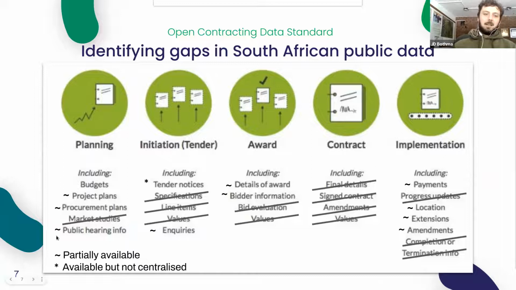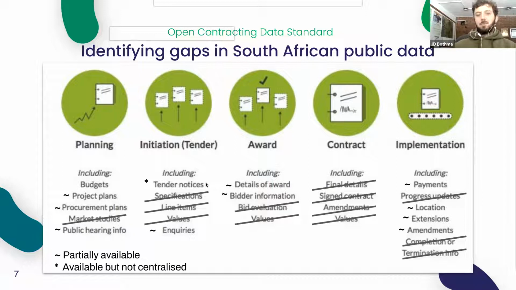Procurement plans, sorry, that's procurement plans. Project plans I haven't really seen much of, except for press statements. Public hearing information is also available somewhere, but market studies I've never come across. Maybe they publish the odd one, but not in a structured place, like not in a place where you know you're going to get all of the studies here.